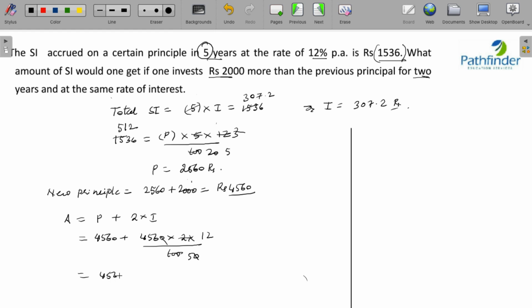We get 4560 plus 1094.4, which is equal to 5654.4 rupees, 5654.4.